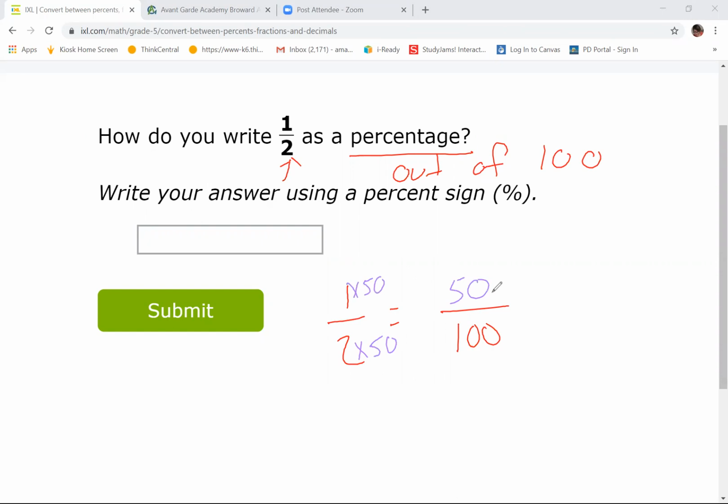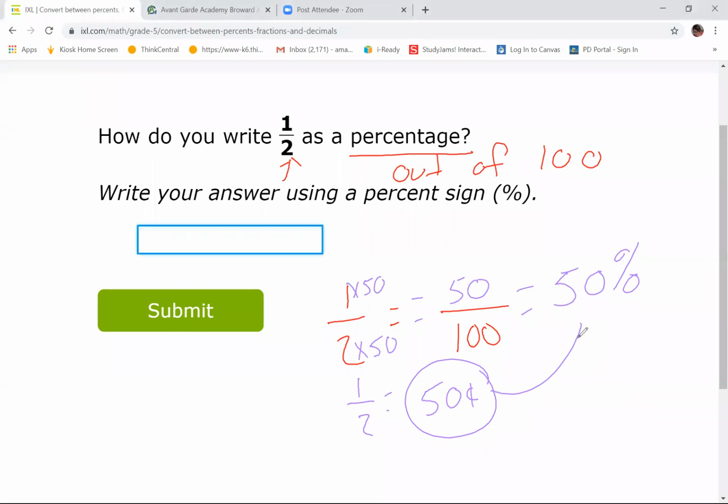You don't have to do the math all the time. You can just think 1/2 of $1 is 50 cents. So 1/2 equals 50 out of 100, which is 50%, because 50 cents is 50% of a dollar.